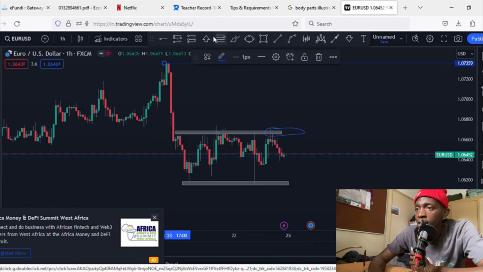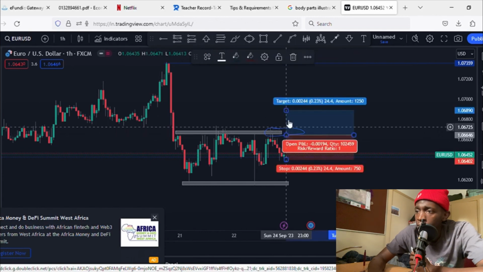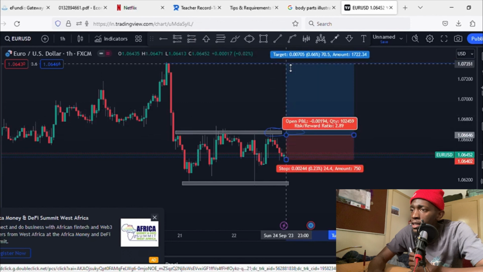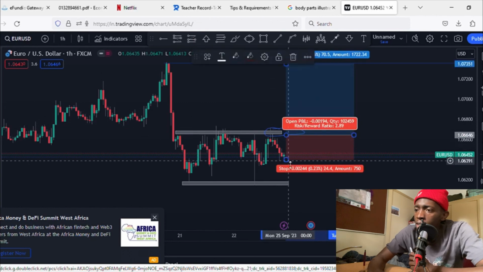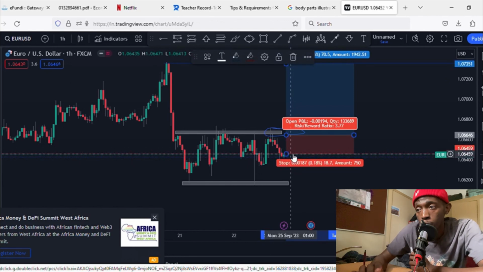So let's say the market does give us something that shows that it's gonna break to the upside. So this is how you're gonna place your setup. Obviously this is gonna be your target, and depending on what kind of setup we would have at that moment, this is where your stop loss would be.